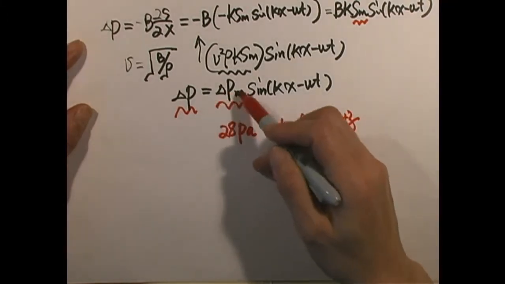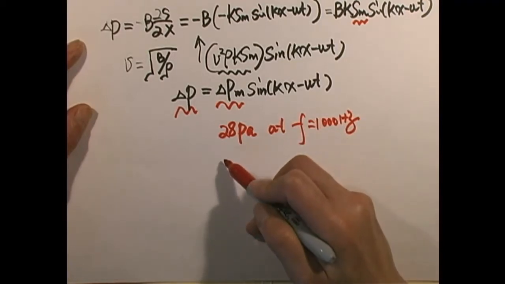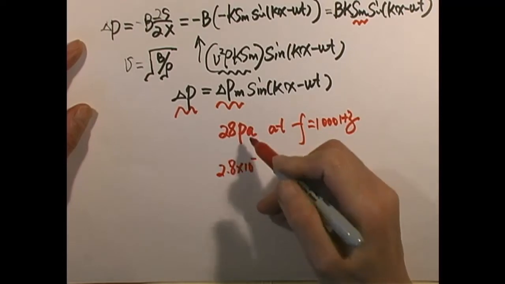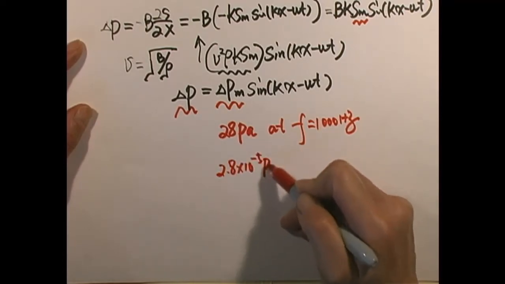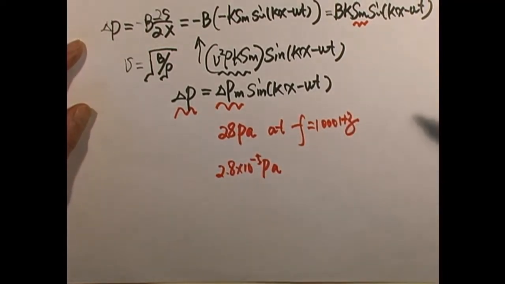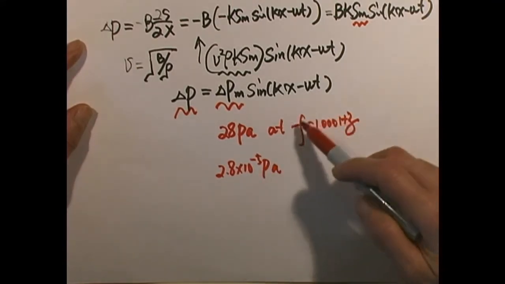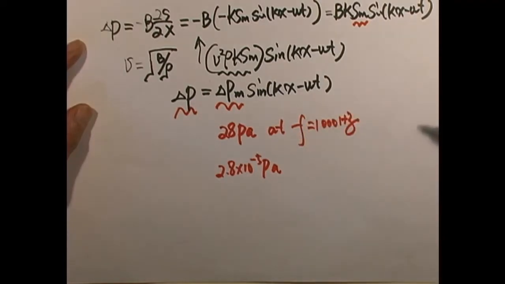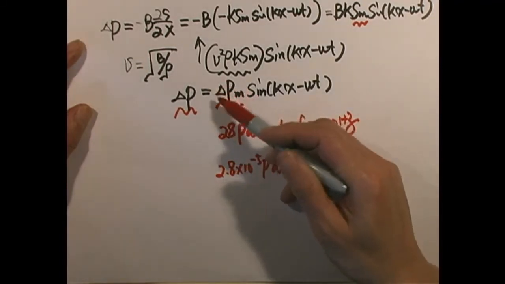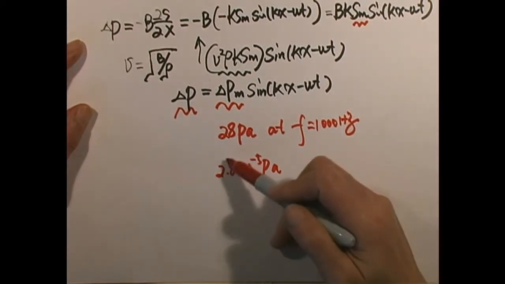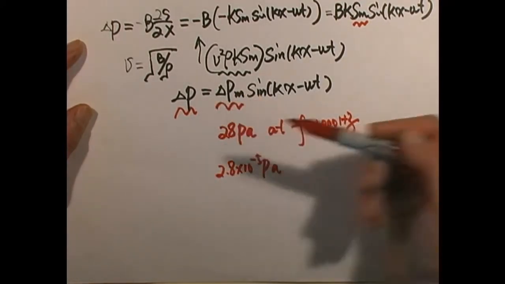So the maximum is about 28 Pascal, and the minimum is 2.8 times 10 to the negative 5 Pascal. This is the audible sound range, with the threshold of pain at 28 Pascal for the maximum pressure change, and the faintest sound noticeable by the ear being the minimum delta P_m.